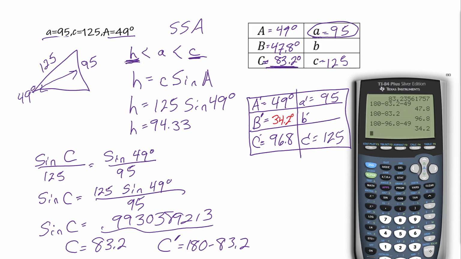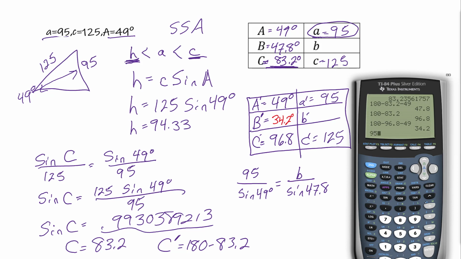In both cases, we need to solve for that last side. So let's see, we'll go back to our original values that we were given. 95 over sine of 49 degrees equals B over sine of 47.8. Now looking at this, we can tell that since 47.8 and 49 are so close, B is going to be pretty close to 95.